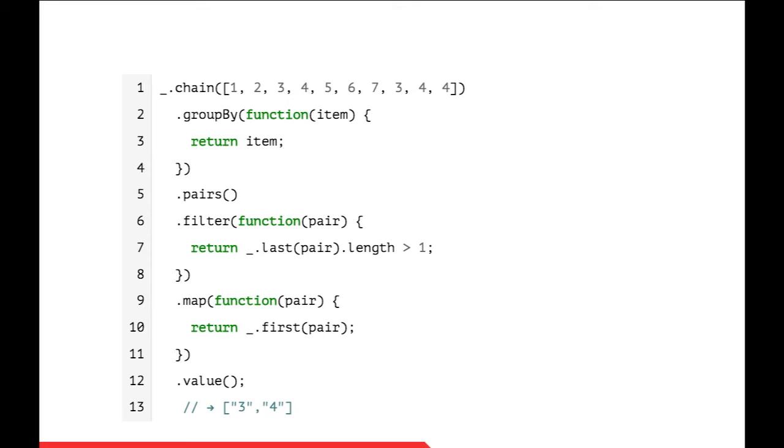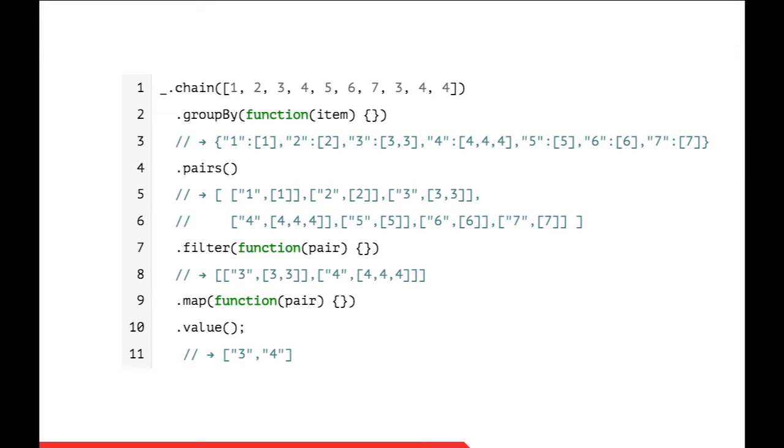Lodash can transform an array into object. So it groups each value, creates a key from each value, and groups values under that key.